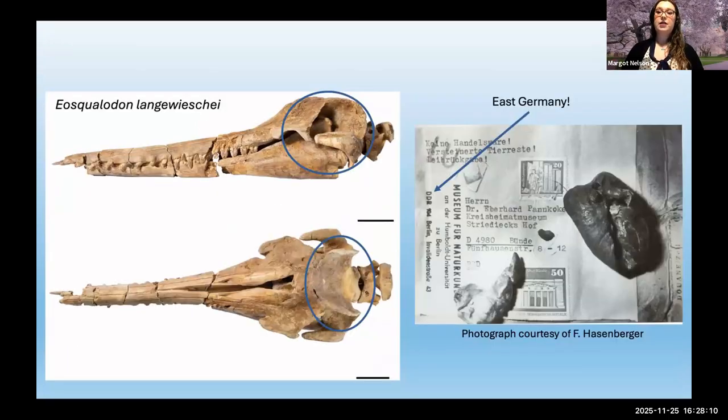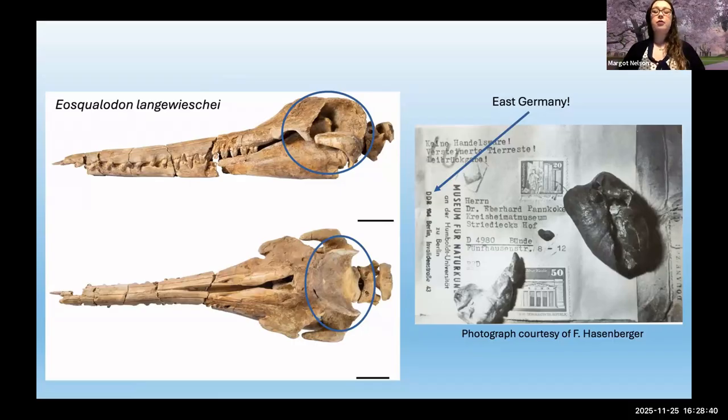Another species that we redescribed was Squalodon languagii. This is the sister genus to Squalodon. And so for starters, the species was described in 1968. Very, very short description, was only photographed in lateral view, so we couldn't even get a full picture of the skull to study it.